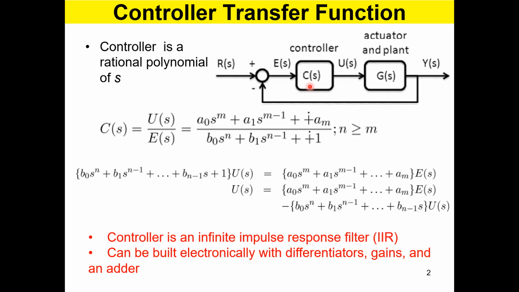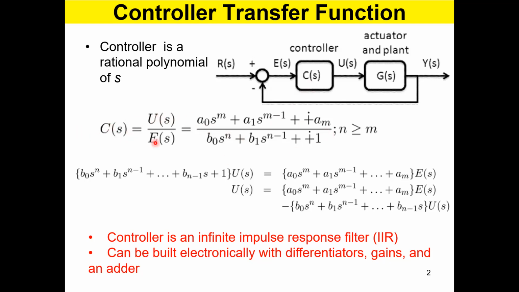So what is common in all these controllers? If you follow a PID path, if you follow the loop shaping path using Bode, if you look at just feedback gain and some sort of very simple structure, once you develop the controller, they will have a common shape, and that is this.